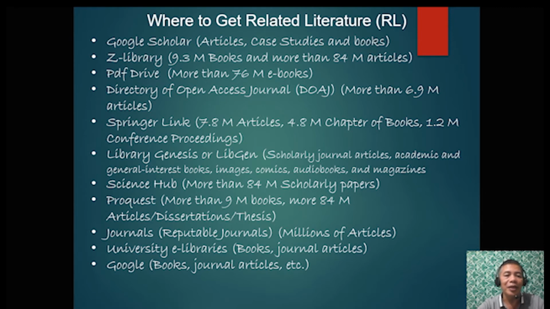They are requesting you to pay. Another is Directory of Open Access Journals. There are more than 6.9 million articles. And to my understanding, although I visited once and I downloaded one article, my assumption, because this is a directory of open access journals, is that you can access materials in this particular database.